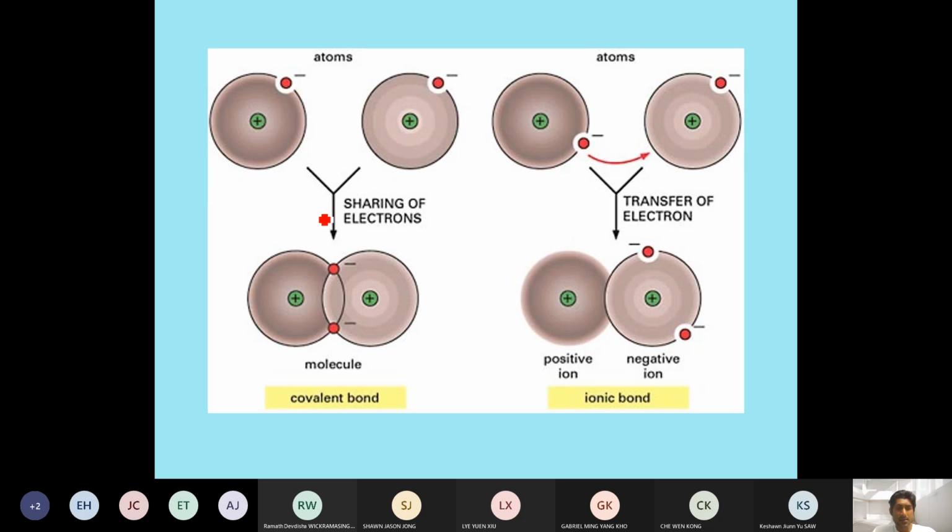Can anybody tell me why they are not stable? Let's say it is a Menti question. Why is this hydrogen atom by itself not stable? Why are they not stable? Anybody want to guess?